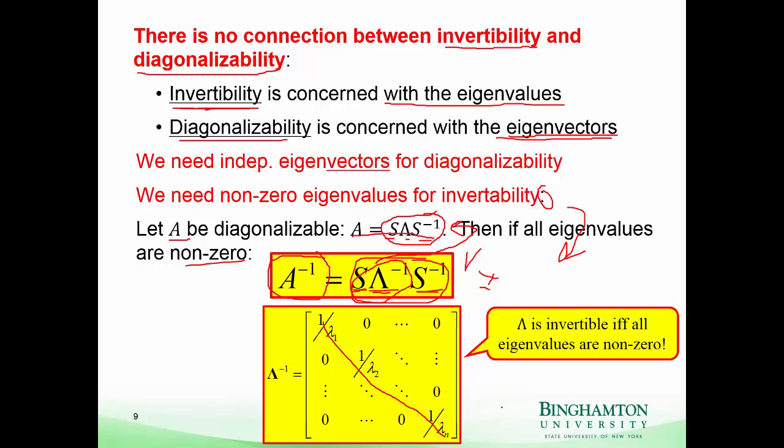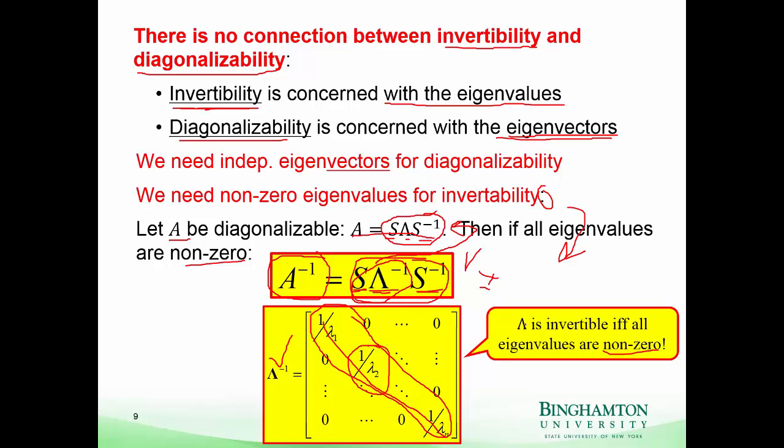Now, if any one of the eigenvalues is 0, then that corresponding reciprocal cannot be formed. But if all the eigenvalues are non-zero, then this reciprocal version is perfectly defined, and we have our lambda inverse, and everything works. So invertibility has to do with, do I have eigenvalues that are not 0? So it's all about the eigenvalues.